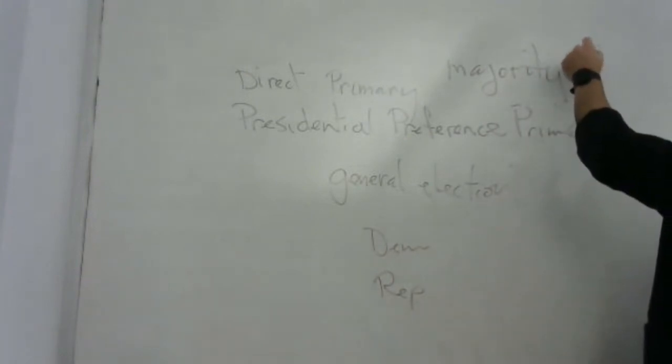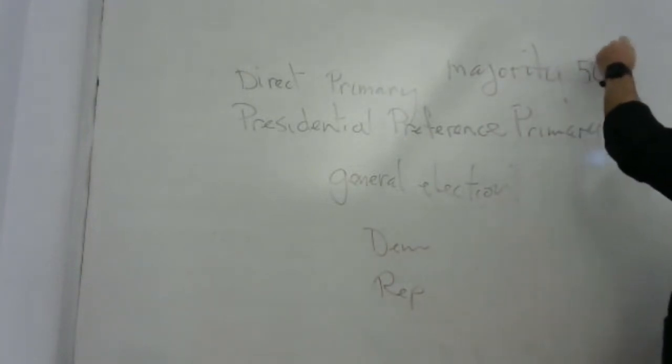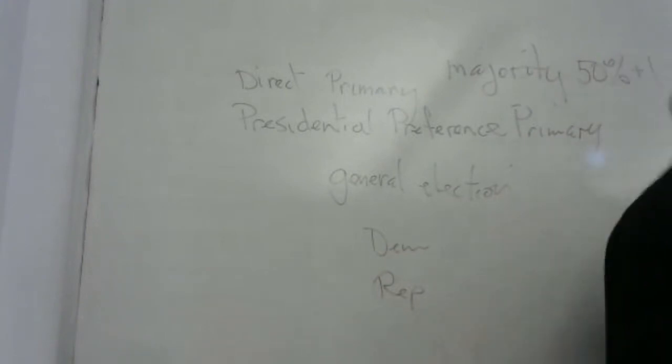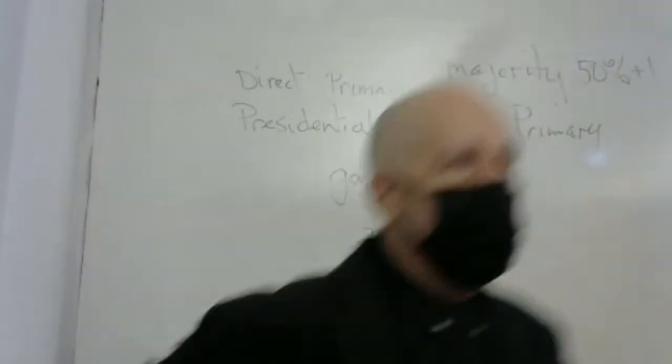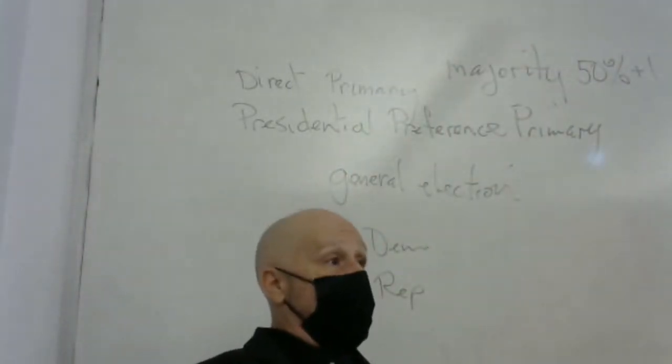What's the minimal requirement for a majority? At least half plus one, okay? So under Texas law, primaries, to get the nomination of the party, it has to be a majority.